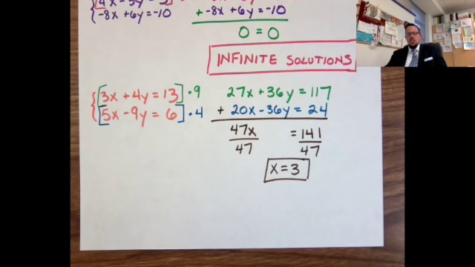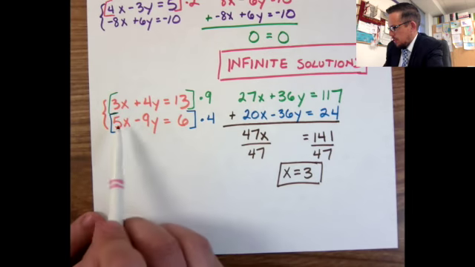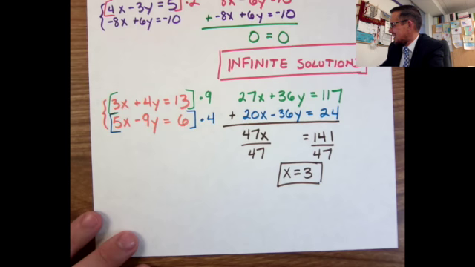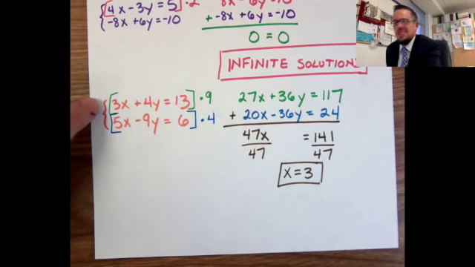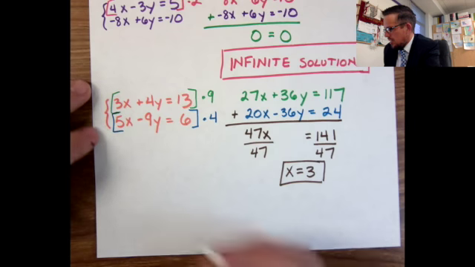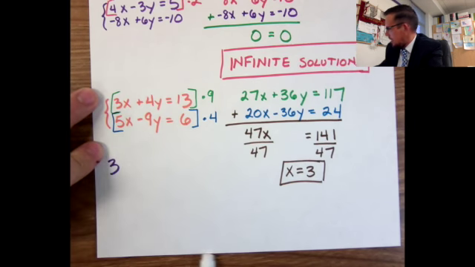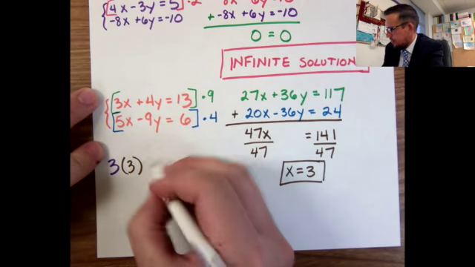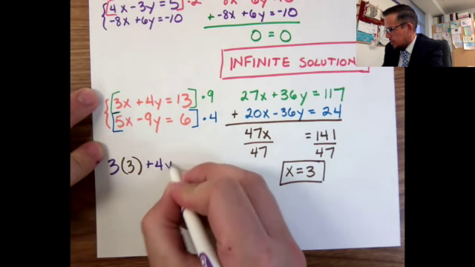So now that I know that x is 3, I can plug it into either one of these. I think the top one's probably a little easier, don't you? Just because the top one has smaller numbers. So 3 times x, which is 3, plus 4y equals 13.